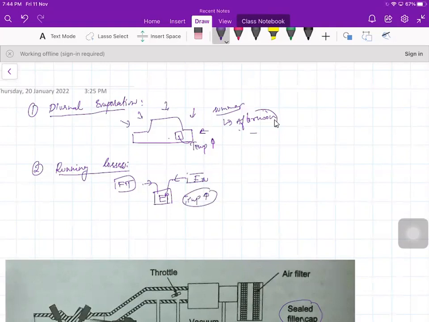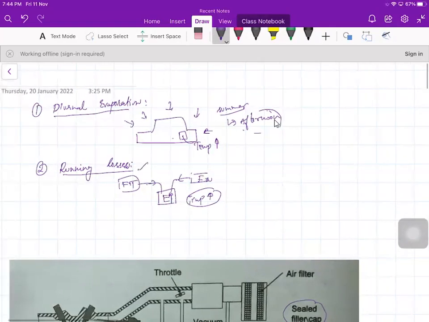Because of the connections between your fuel tank and the engine, by the mode of heat transfer, the temperature of the fuel tank will be increased. This temperature causes the fuel vaporization. So this is what running loss means.